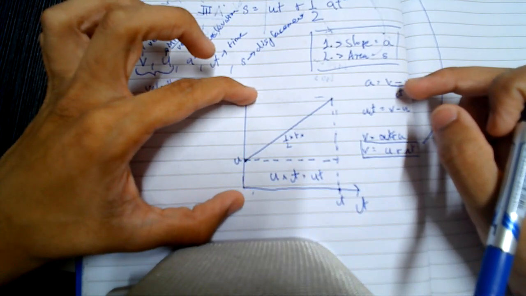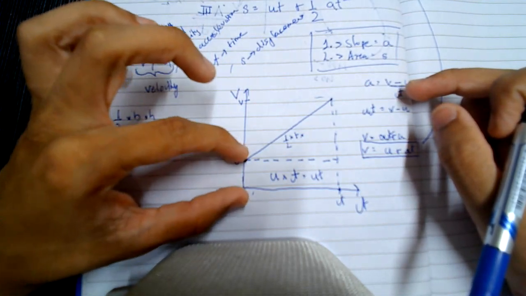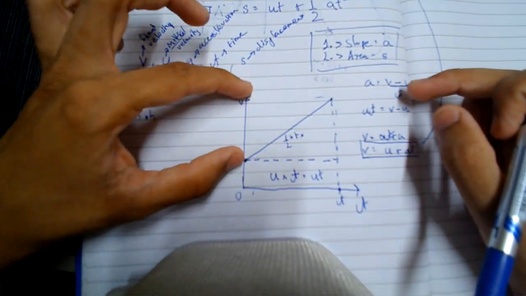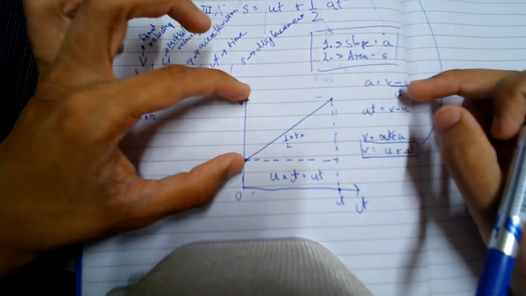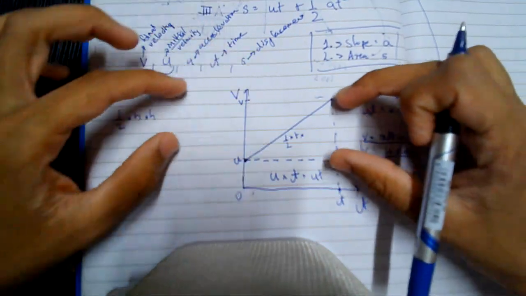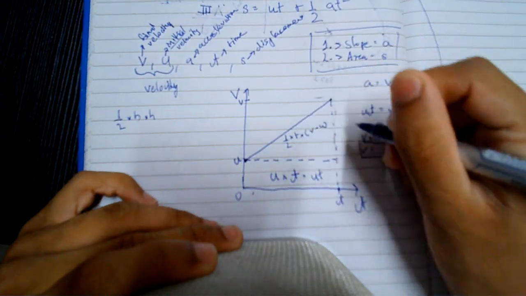This height is v, minus this height is u. Take away u from v and you'll get this one. So v minus u is this height.